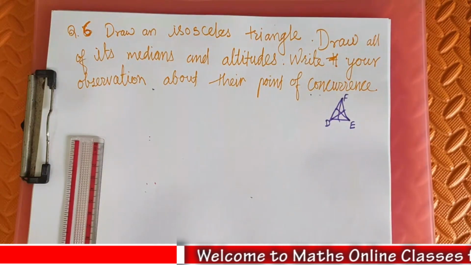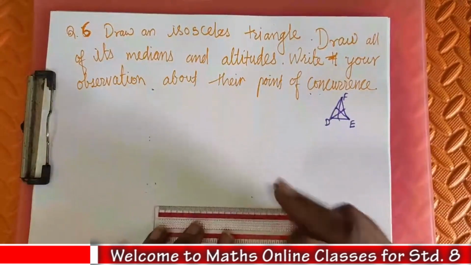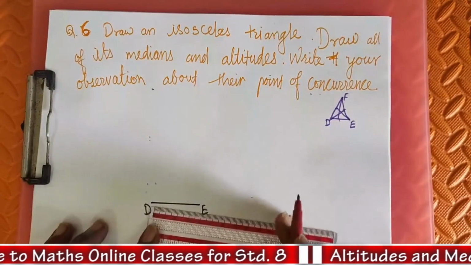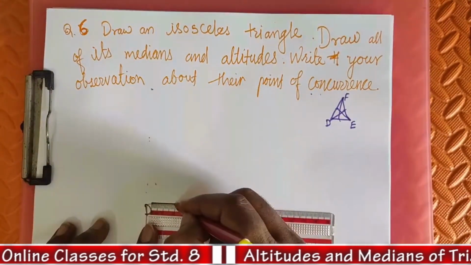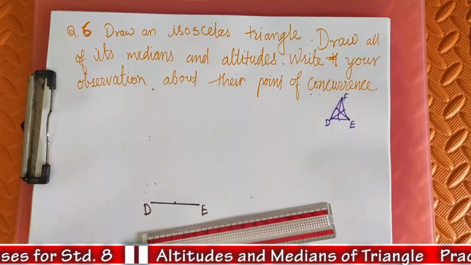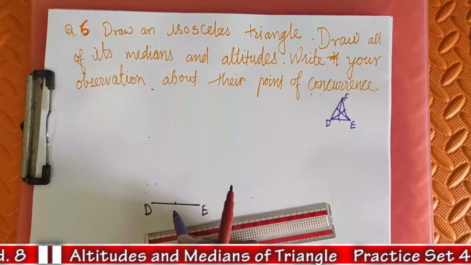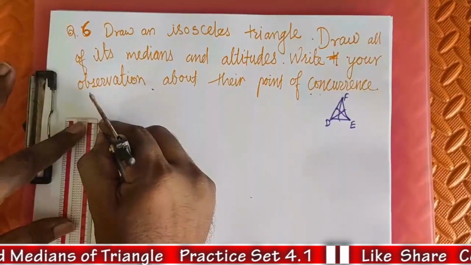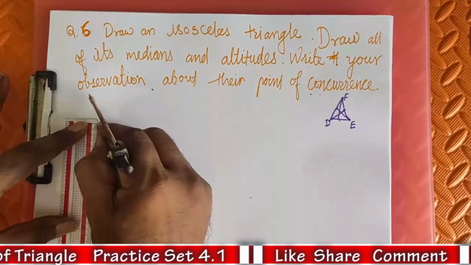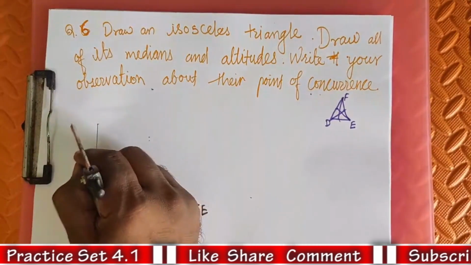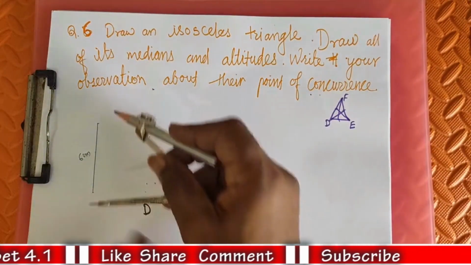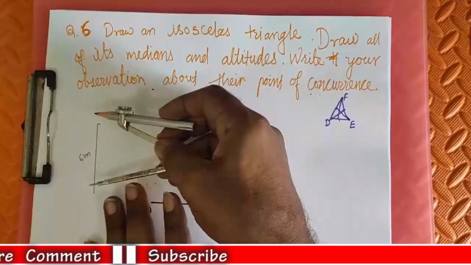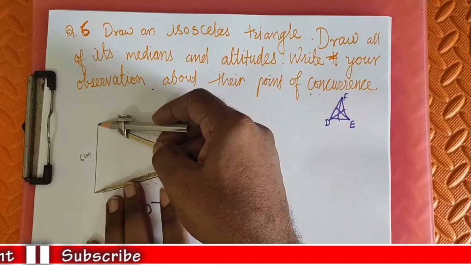Draw a triangle, draw a segment DE 4 centimeter, and at 2 centimeter I will take midpoint X. Draw like this segment, which is 6 centimeter, and take a span, so I have a span of 6 centimeter.